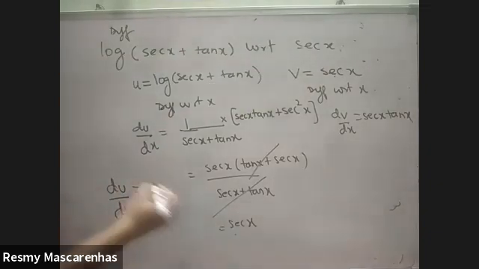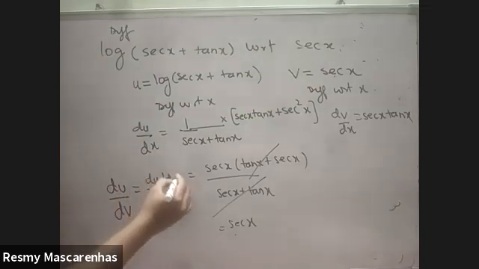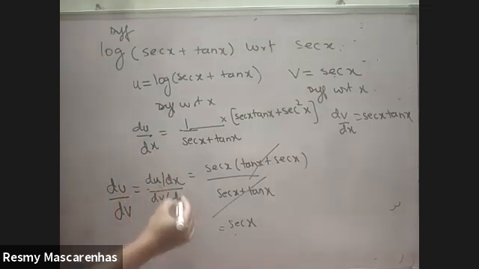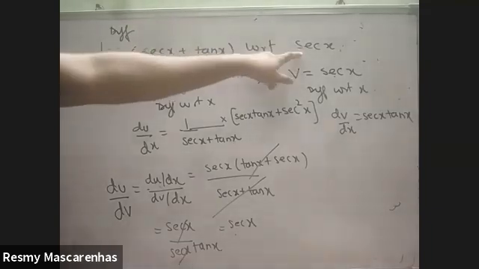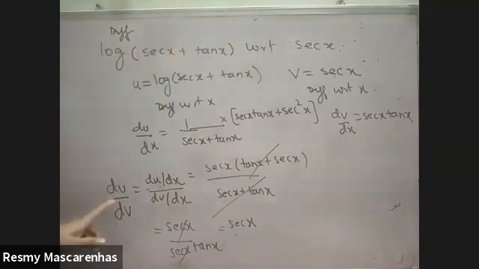So that will be du upon dx upon dv upon dx. So sec x upon sec x tan x cancel. What you'll get is 1 upon tan x, that will be cot x as your answer. That's all I wanted to tell. With respect to, if it is there, it will be u, v, and you have to find du upon dv, not dv by du.